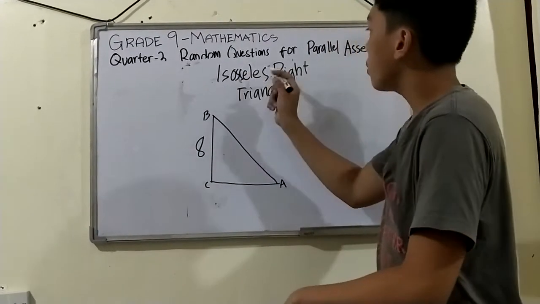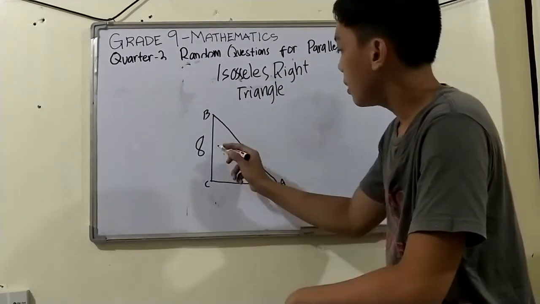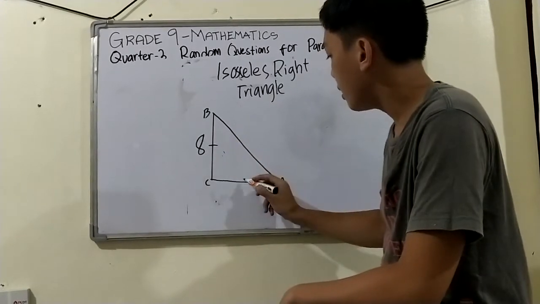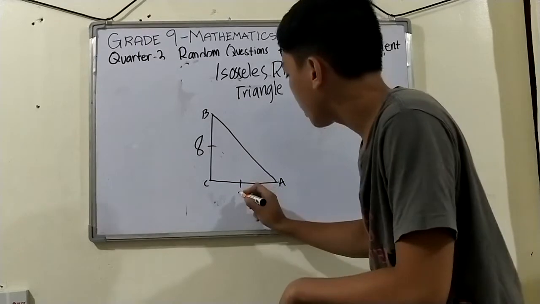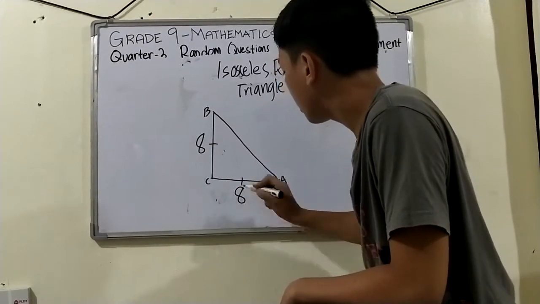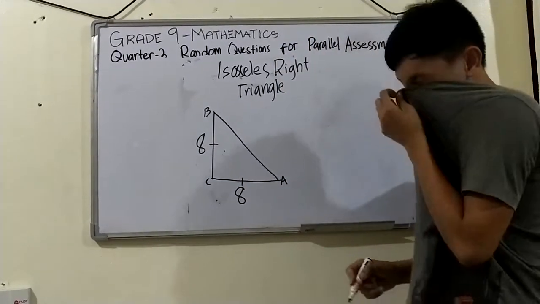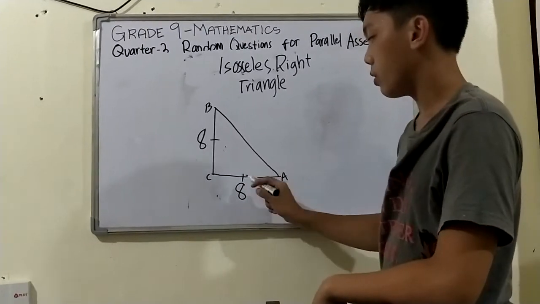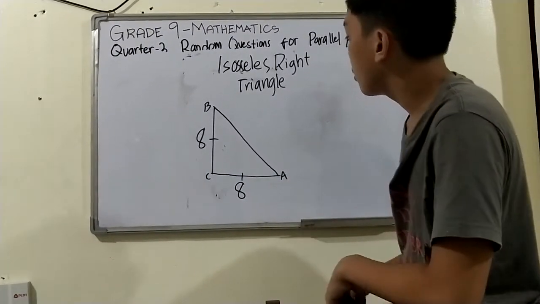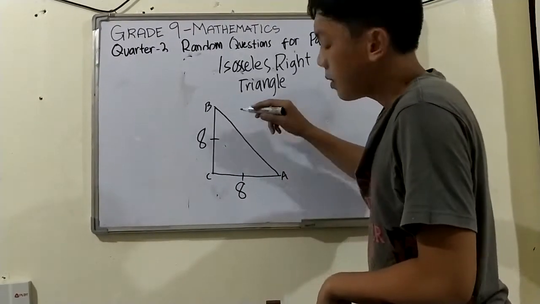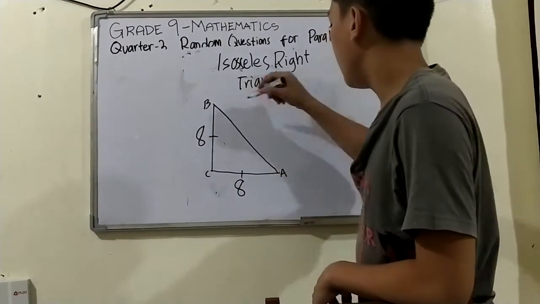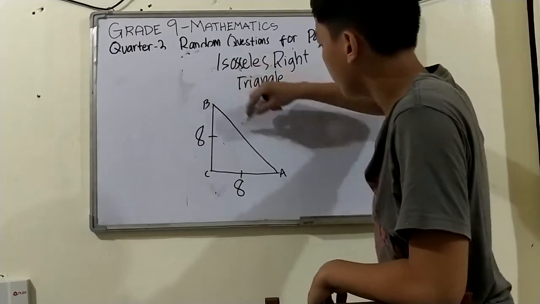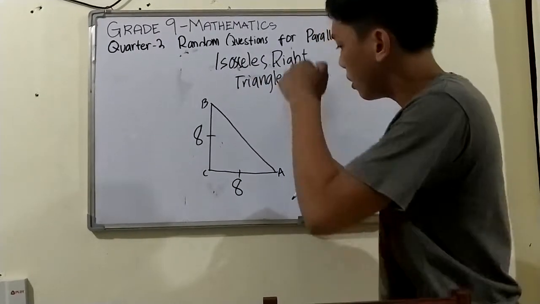So in the isosceles right triangle, the leg sides are congruent. Okay. So since they're congruent, this is also 8. Okay. So the next problem, we are asked to find the AB, or this side, the hypotenuse. Okay?